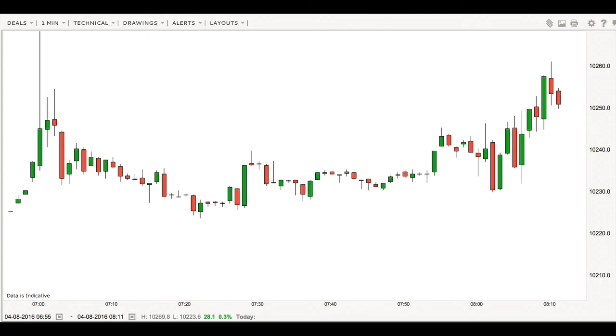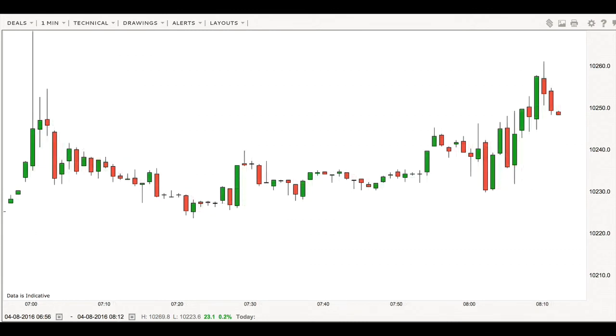So what we'd actually be looking for is a fairly small bar at the top of the range. It could be a doji bar or just a bar that's small in comparison to the other bars that closes at the top of the range. So either a pin bar, one with a big wick on the end sticking out at the top, ideally with a bearish body, but it doesn't necessarily have to have a bearish body.